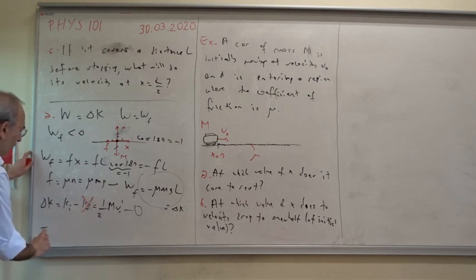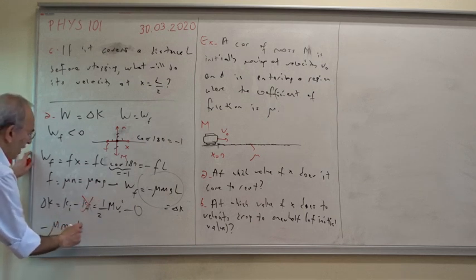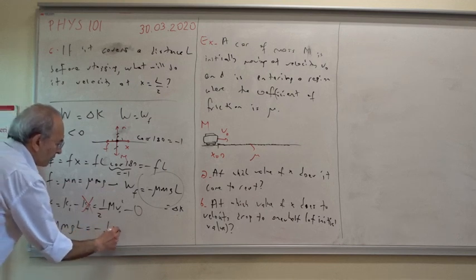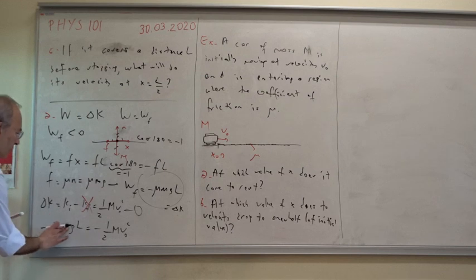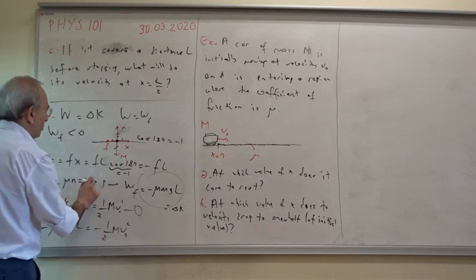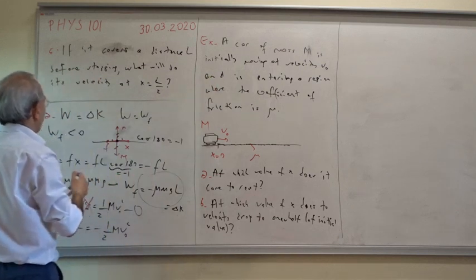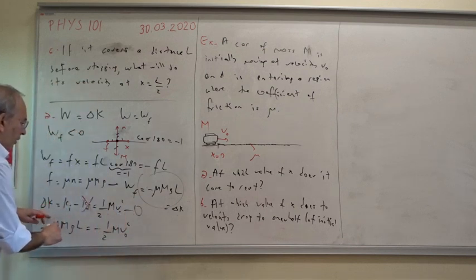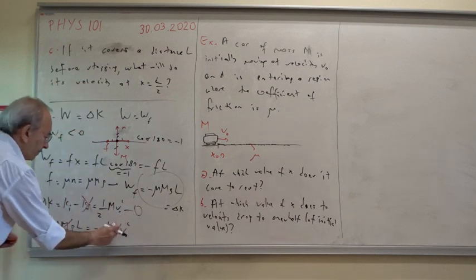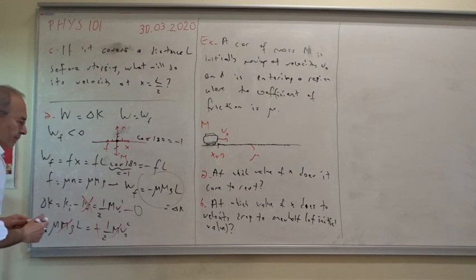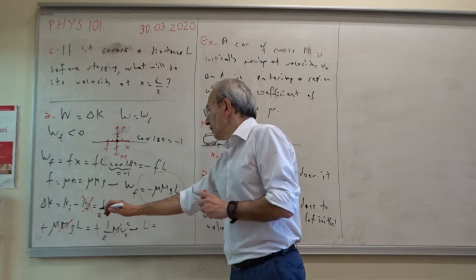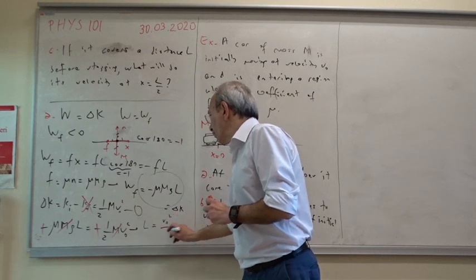Therefore we have minus mu mgL is the work done. It is minus 1/2 capital M V0 squared. This is capital M because it is given as capital M. So these capital M's will cancel, minus sign will also cancel, so that we want to find L, and L is equal to V0 squared over 2.